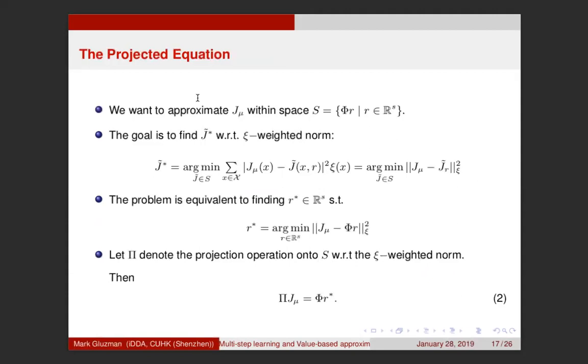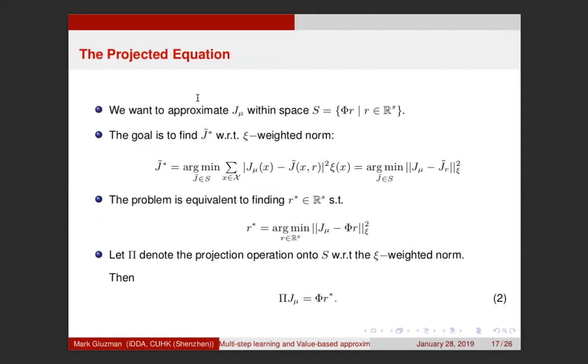So our best approximation, phi r star or G tilde star, is a projection of G mu onto S with respect to the C weighted norm.